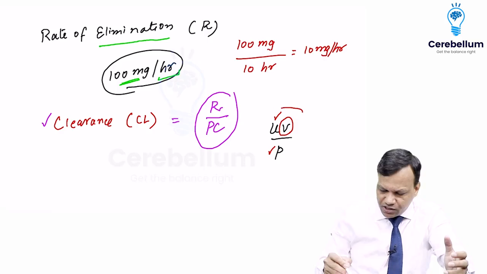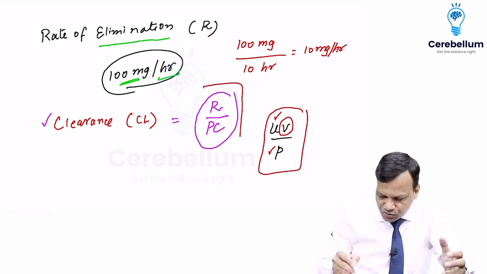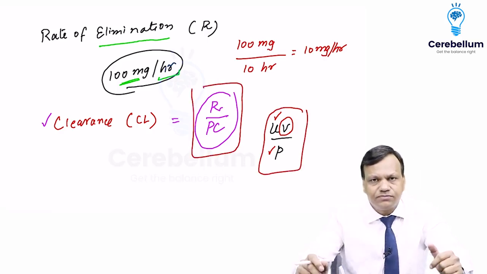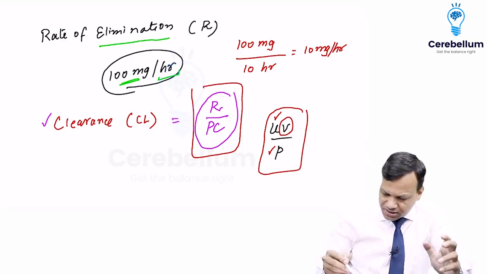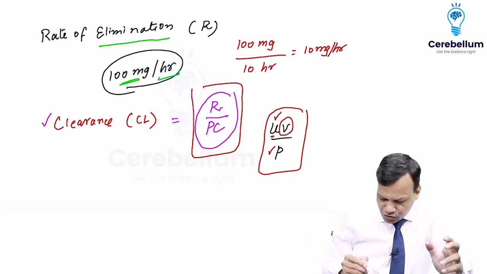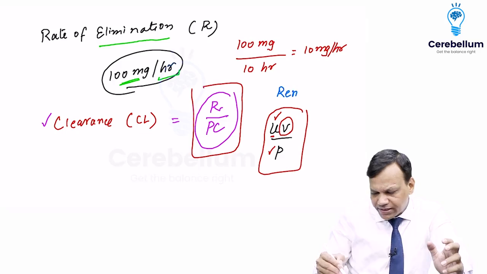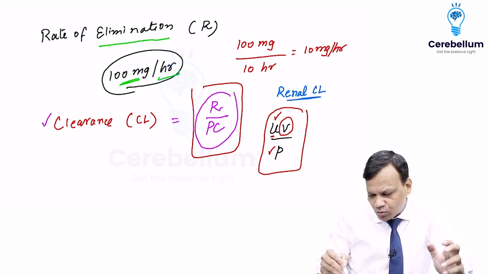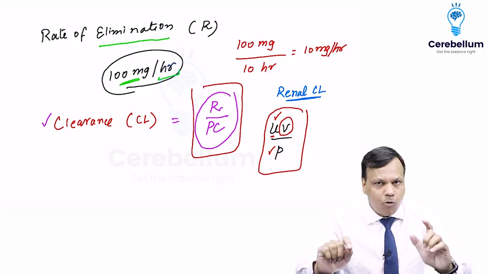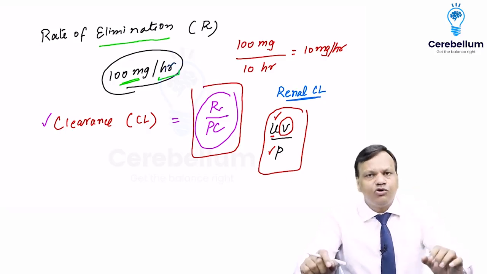In physiology we use UV/P, in pharma we use rate by plasma concentration. The difference is, you can see here the word U. In physio we were talking about renal clearance only, clearance through the kidney. So when we want to know how much the kidney is clearing, it will be UV/P.